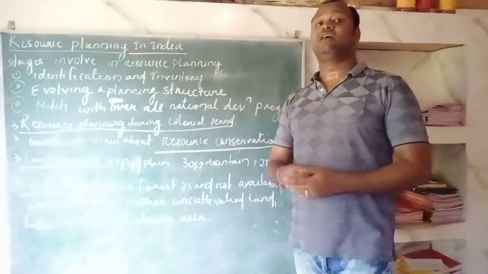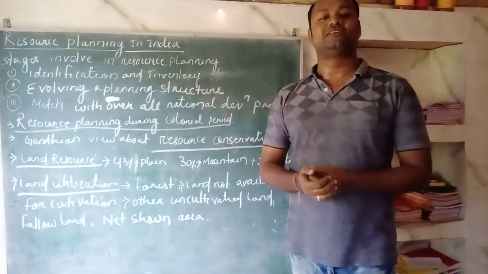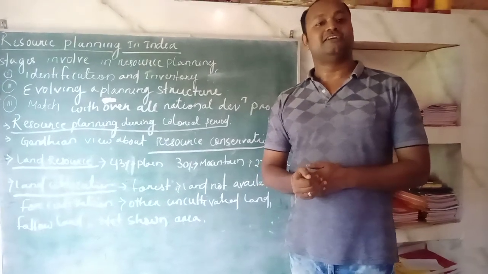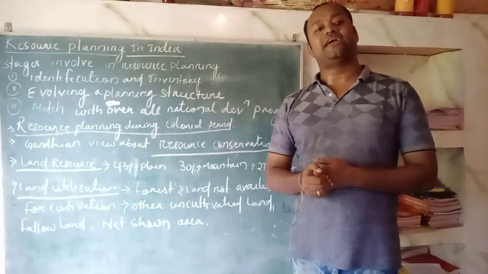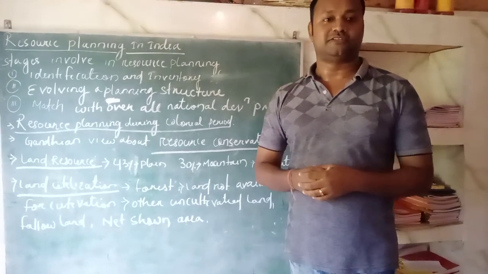As we know, the total area of India is, can you tell me? The total area is 3.8 million square kilometers.